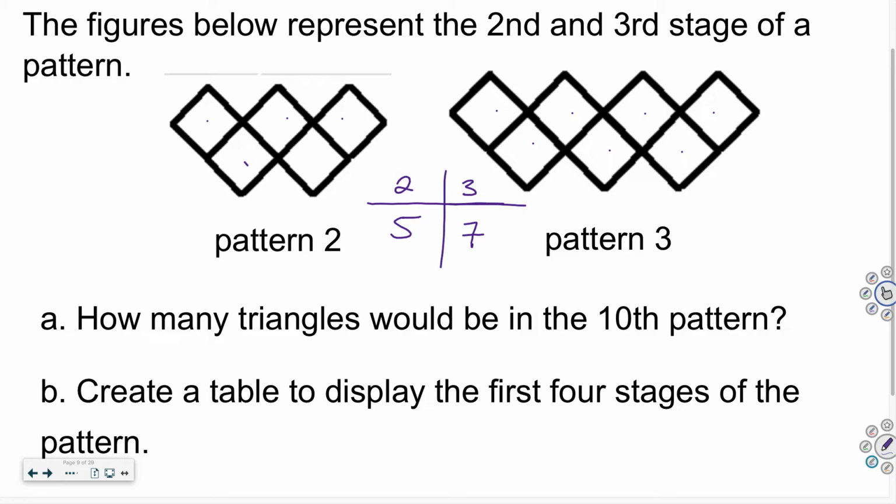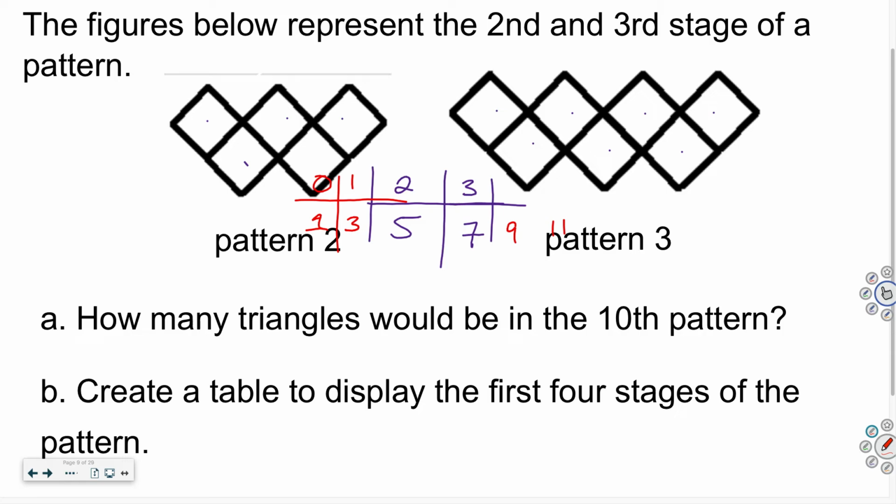Okay, and it says of a pattern, we're assuming it's linear. So this is what's given. We can extrapolate out further the previous stages. Okay, it looks like it's counted by 2, so this would be 3, this would be 1, this would be 9 and 11 if we want to go that direction. Okay, so how many triangles would be for the 10th pattern?